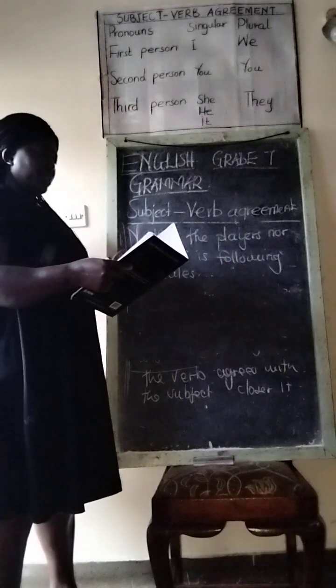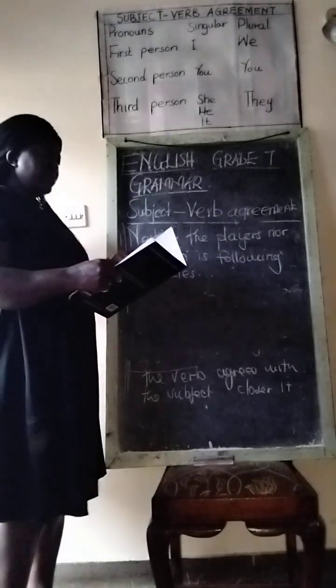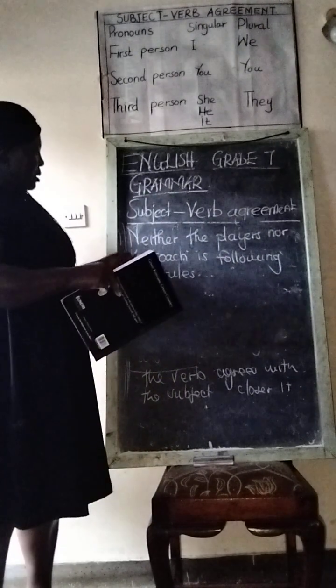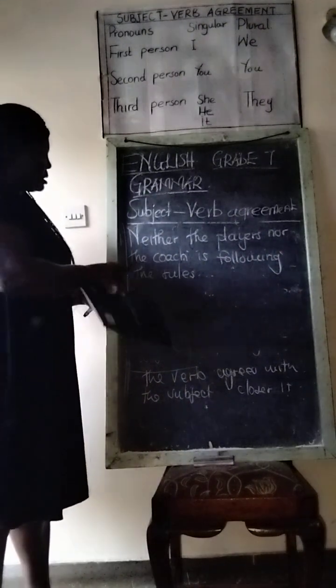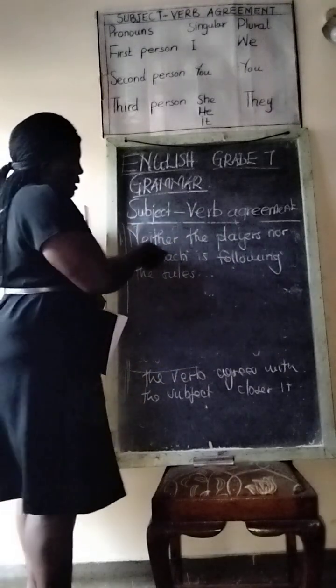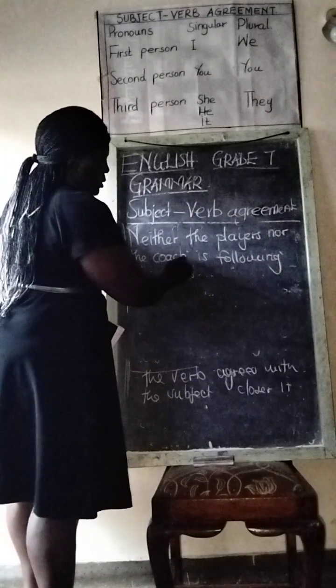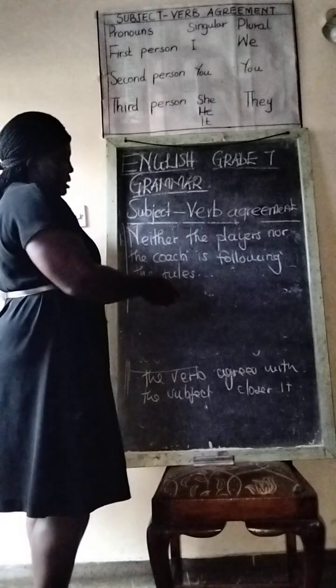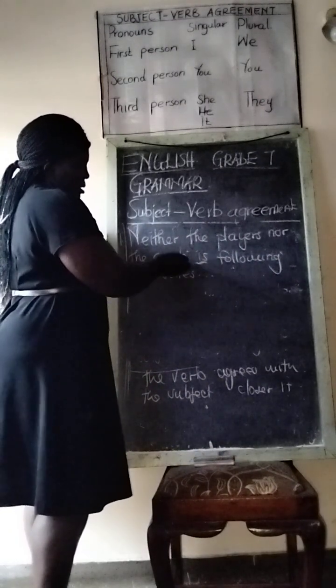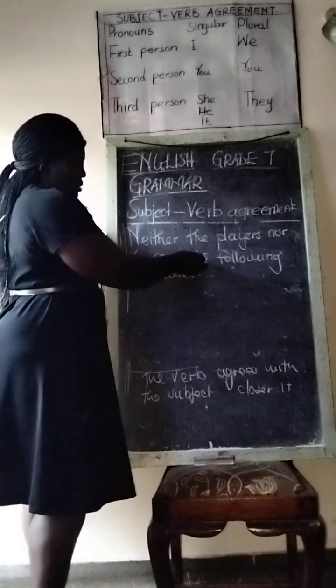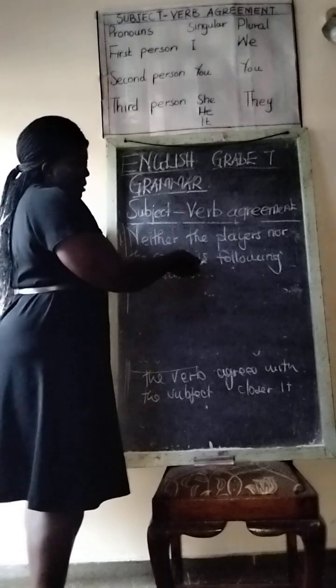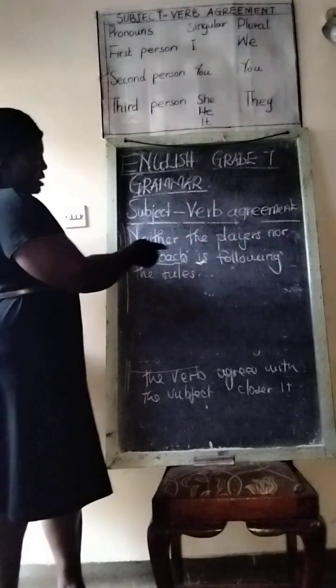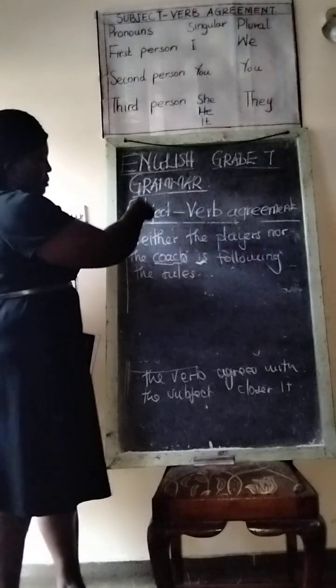Now what do we mean by this? Which verb is closer to the subject? The verb is. The subject here is singular, so it follows with the singular: is following the rule.